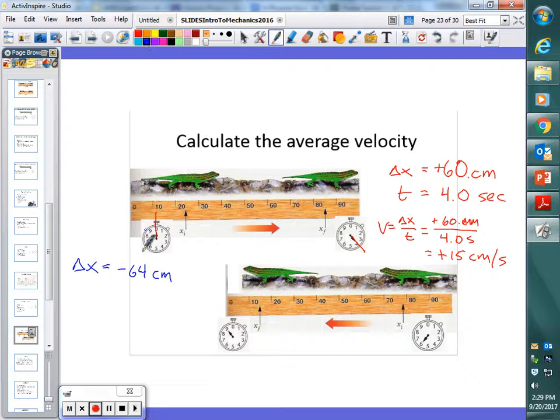Coming down to the bottom trip, the displacement is negative 64 centimeters. This stopwatch starts at 6 and ends at 9. So what time does it take? 3 seconds, right? And that'll be 3.0 seconds, just for what we talked about before, right? Okay. So then the velocity turns out to be what?